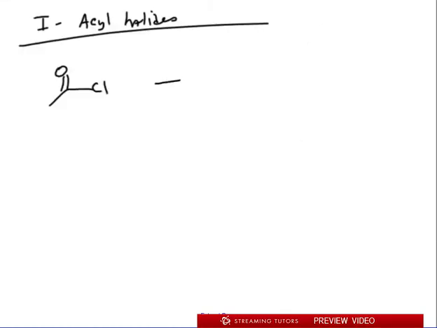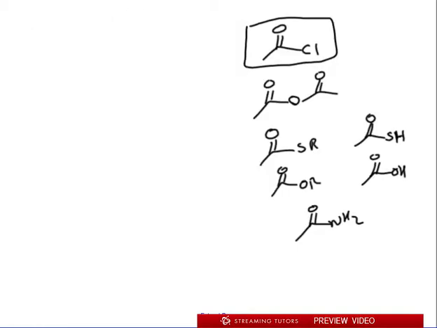Well, for the first one, if you want to turn it into an acid anhydride, then you have to use a carboxylic acid. So think about it: if I want to become this, what I'm really trying to bring in is this piece here.